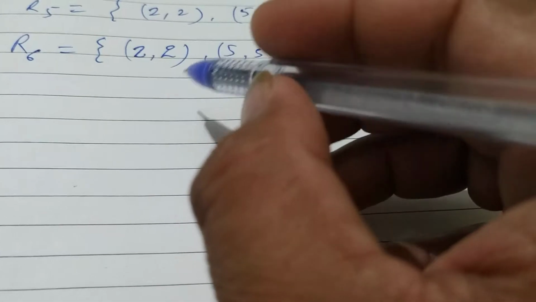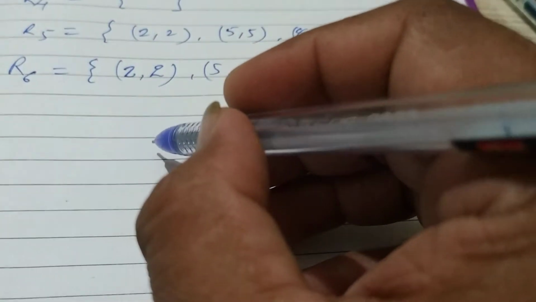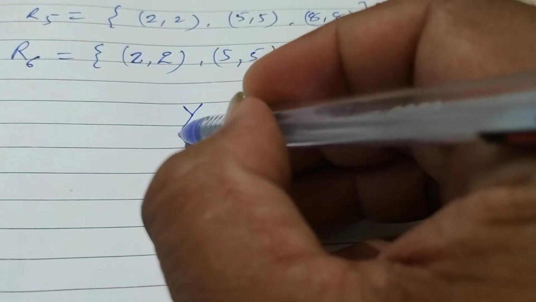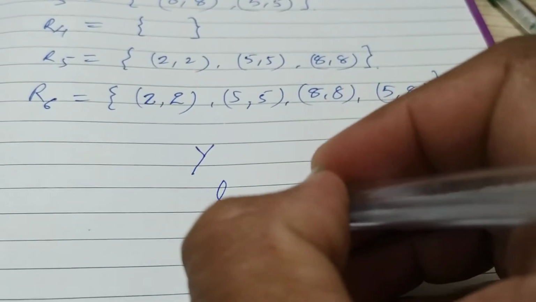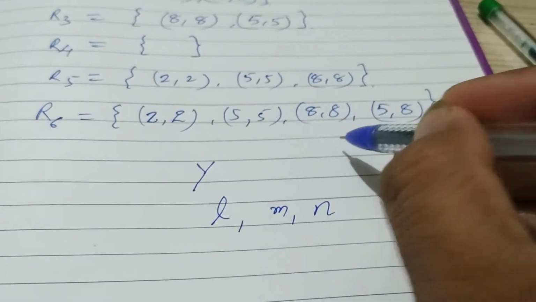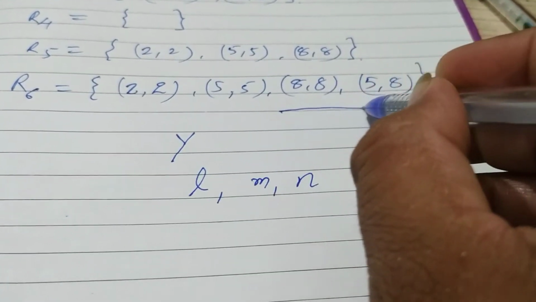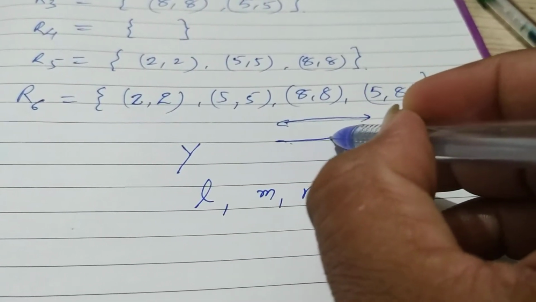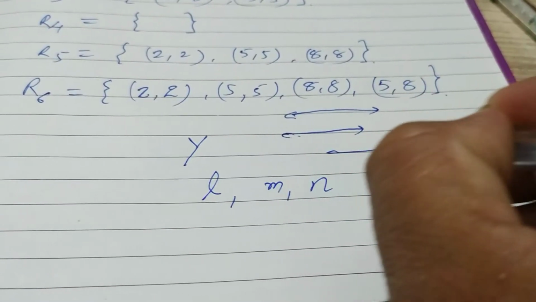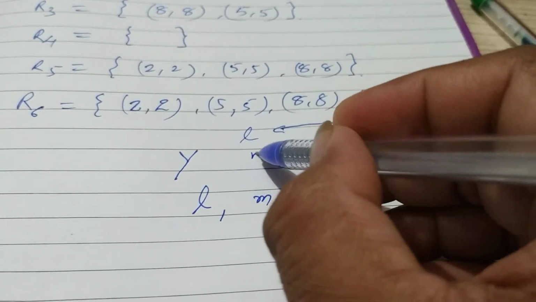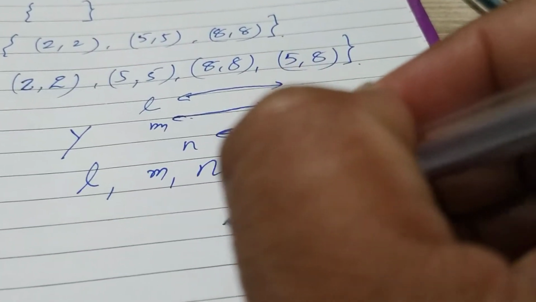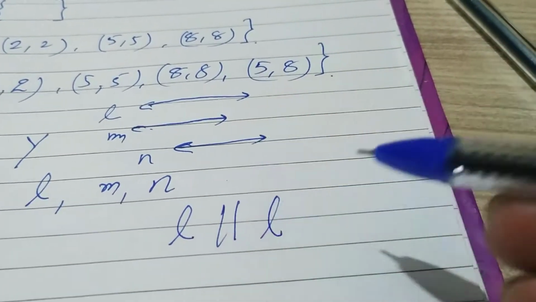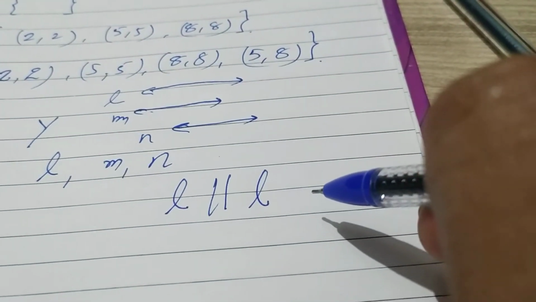If I take an example of a set of parallel lines, suppose there is a set Y which comprises all parallel lines. I take any three lines L, M and N. These are parallel lines. Now, if I say that line L is parallel to line L, it is 100% true.